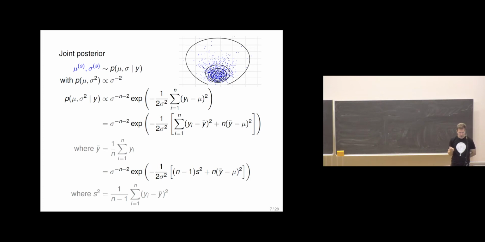But now we ended up with the normal distribution such that we don't need to store all yi values after we've calculated the average mean y bar and this sum of squares divided by n minus 1.